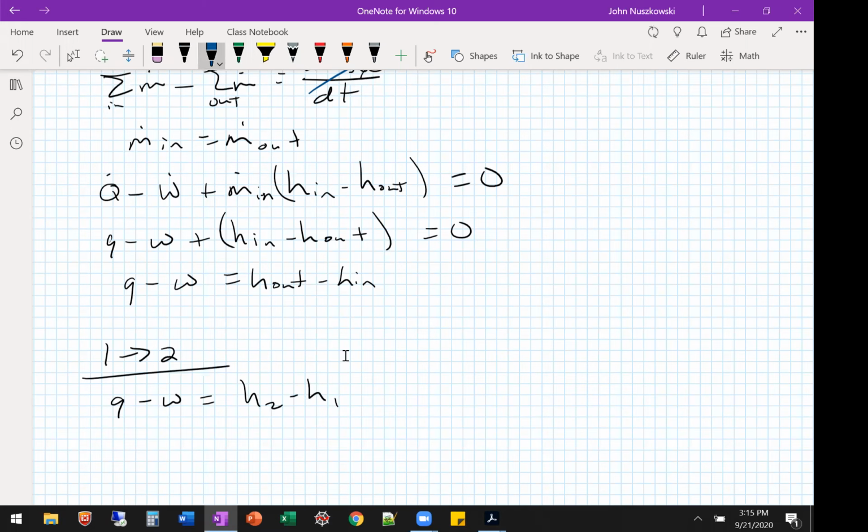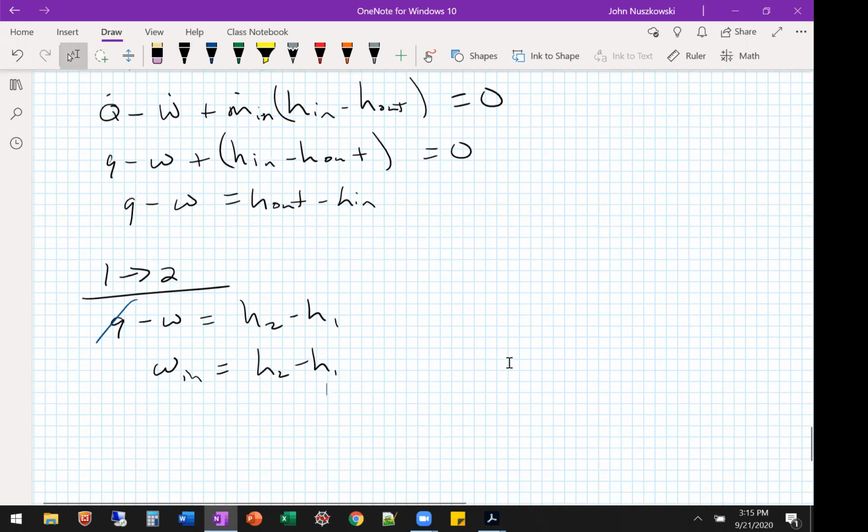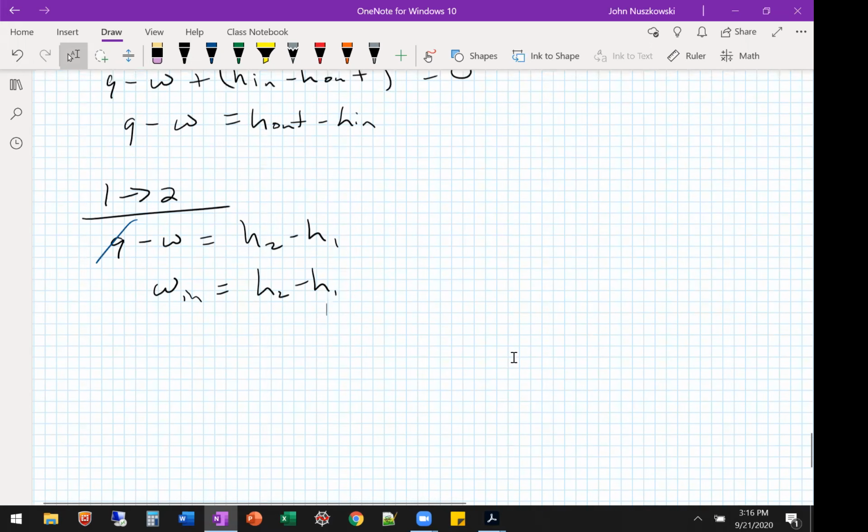We get to cancel heat transfer off, and then if we make it work, work in, that's H2 minus H1. What do I do now from this step? Get the enthalpies from table 17.